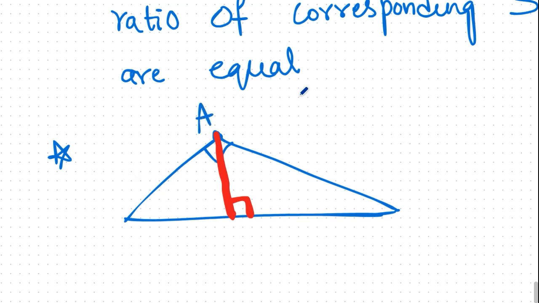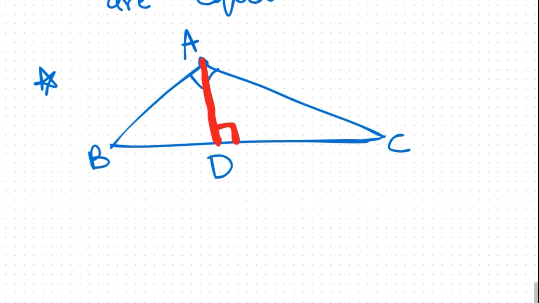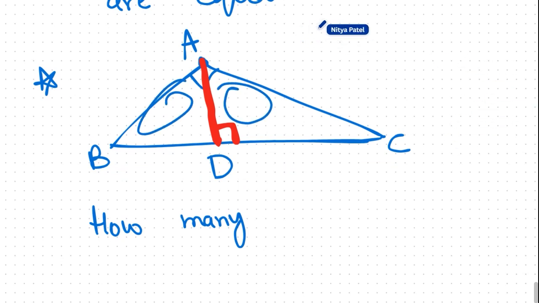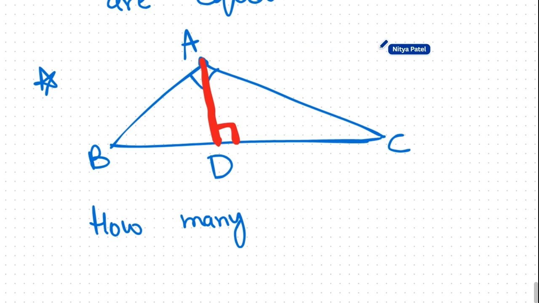So let's say A, B, C, and D. How many triangles do you see in this picture? Two. Which ones are they? ABD and ADC. Are there only two?